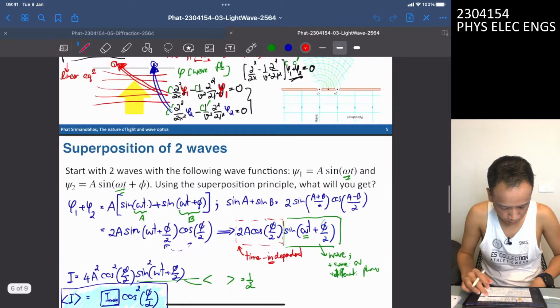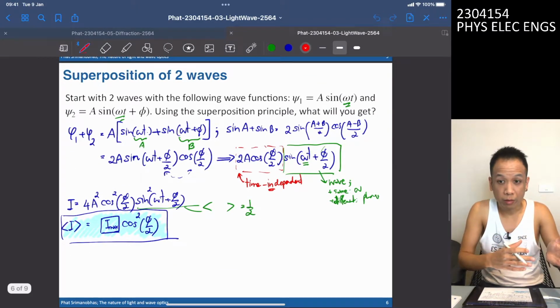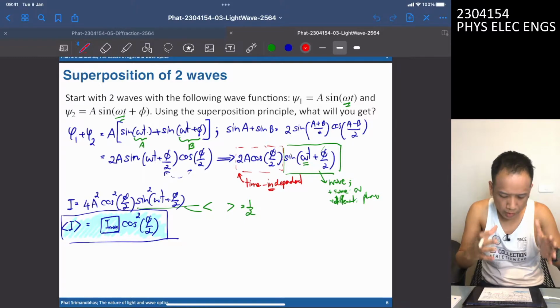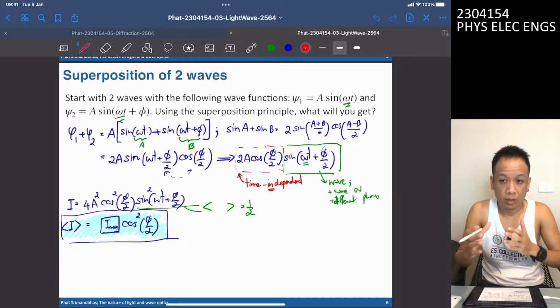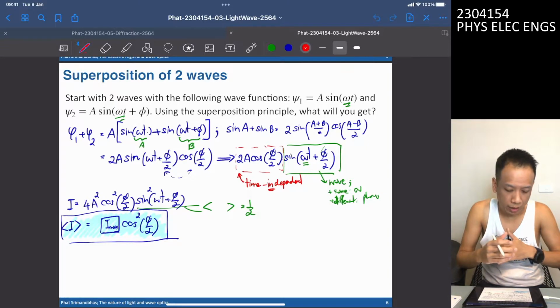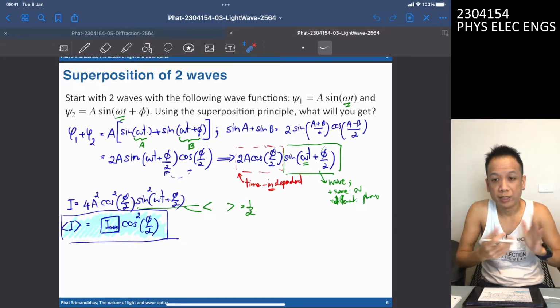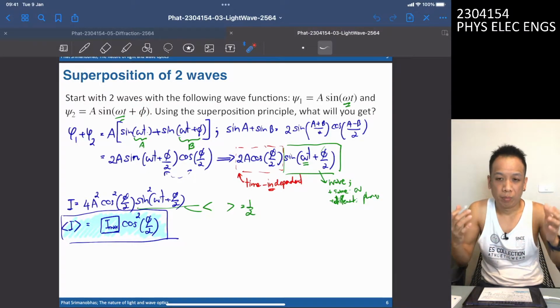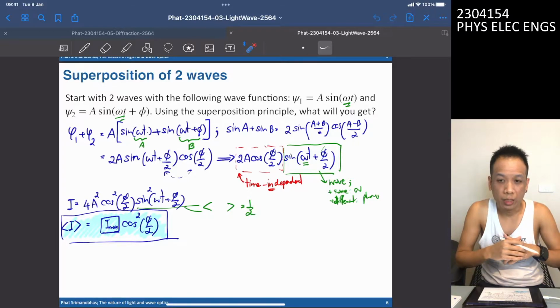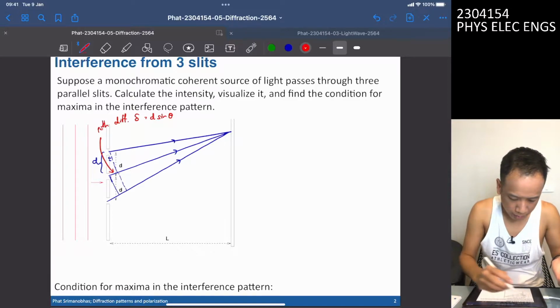Right, in that time, when we were talking about 2 waves, we started with the wave functions, two of them, where one is shifted by the phase difference phi. Then we sum them, and intensity is basically the square of the electric field. We're going to do it the same way.